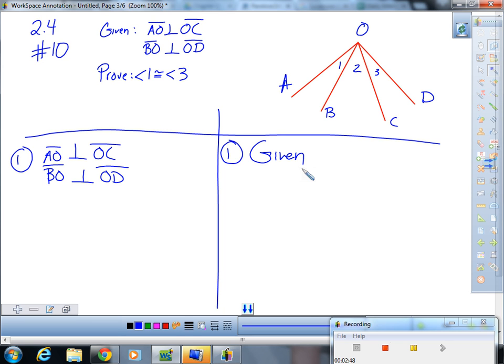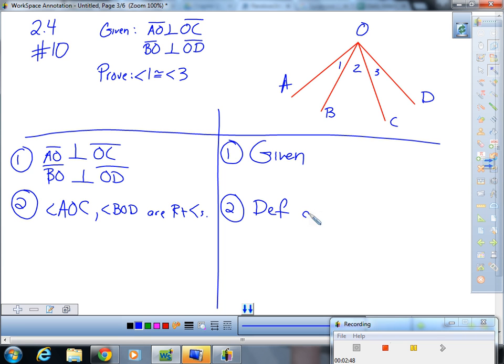Do I have anything written down in my proof about a right angle yet? I do not. This is why you've got to accurately know the definitions. So then what I need to say is that angle AOC and angle BOD are what? Right angles. And my reason? Excellent. Definition of perpendicular.